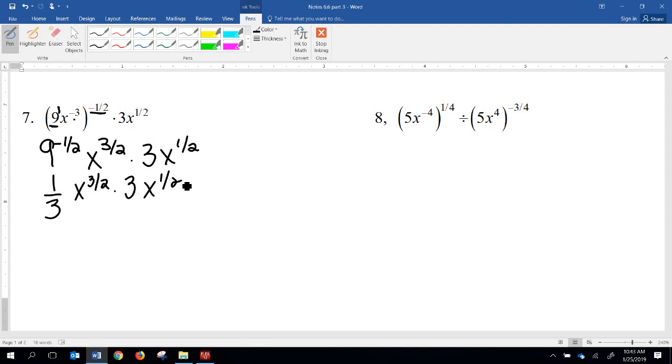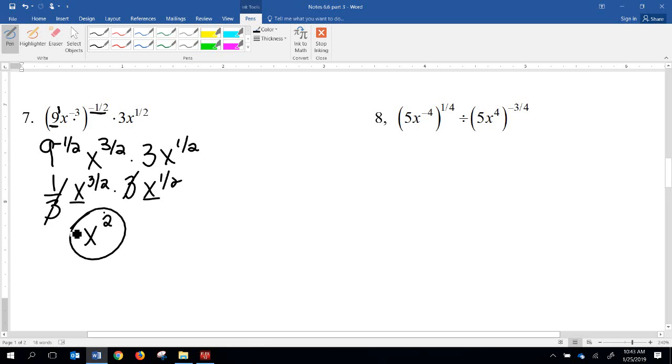What's 1/3 times 3? 3 over 3. So this would be 1. And then what do we do when the bases are alike? What do we do with the exponents? Add them. So what's 3 halves plus 1 half? It's just 2. So we get x squared. Okay? How many people got x squared? All right, pretty good. Okay, let's take a look at number 8 now.